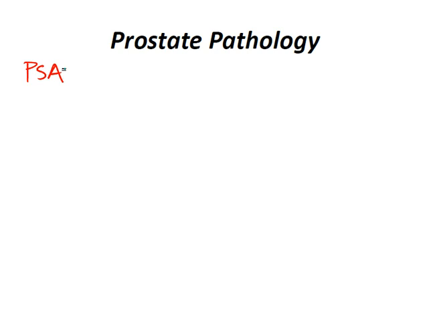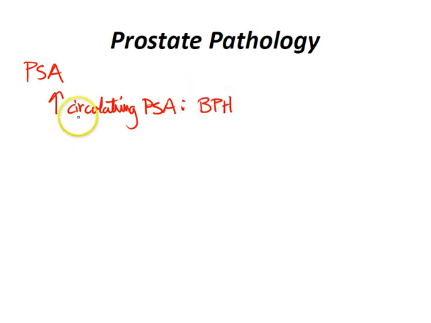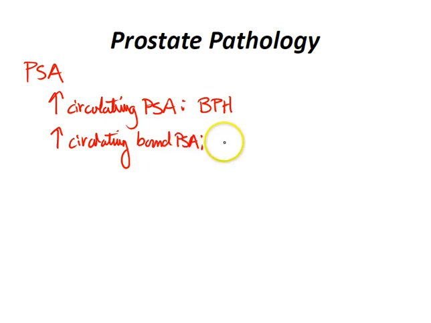There are better ways to report prostate-specific antigen, as, for example, increased circulating free PSA, you see that is associated with benign prostatic hyperplasia. Increased circulating bound PSA is associated with cancer if it's bound.